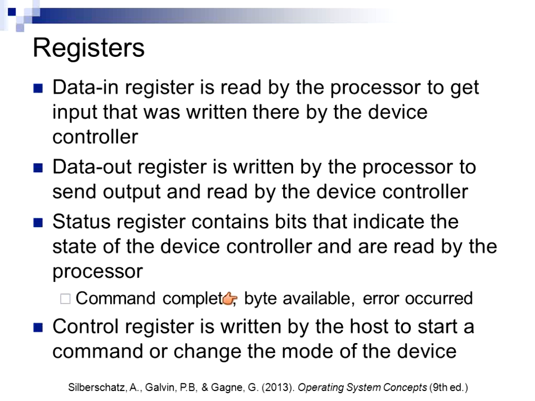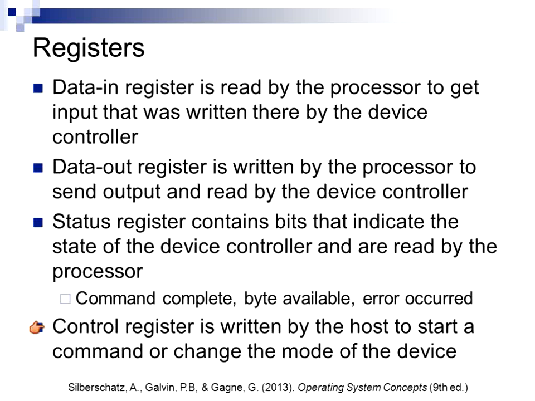There'll also be status like byte available, saying that the controller was able to read a byte from disk, so that byte is available for the CPU to then read. Or the status might be that an error occurred. So the CPU will keep checking the status register to see what's going on with the device and with the controller.